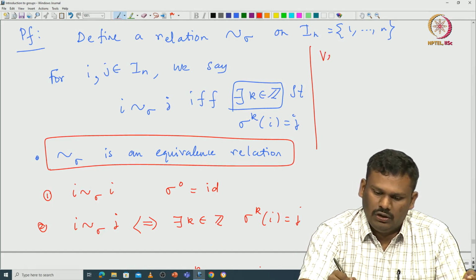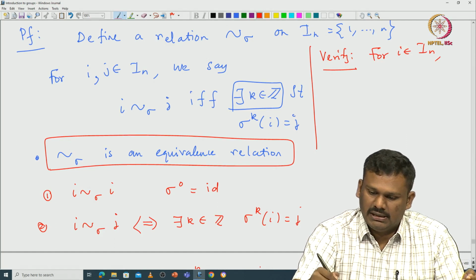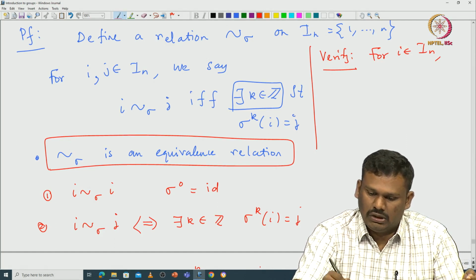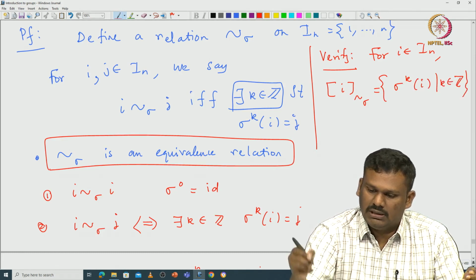I will leave it to you to verify, this is not very hard. If you fix some i in I_n, then the equivalence class related to i with respect to the relation sigma tilde sigma is just sigma to the power k of i, where k ranges over integers.